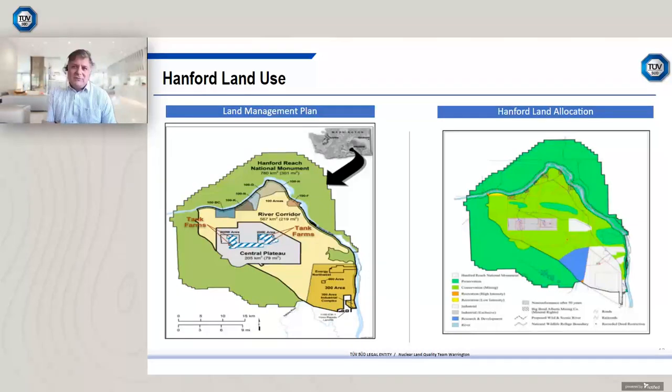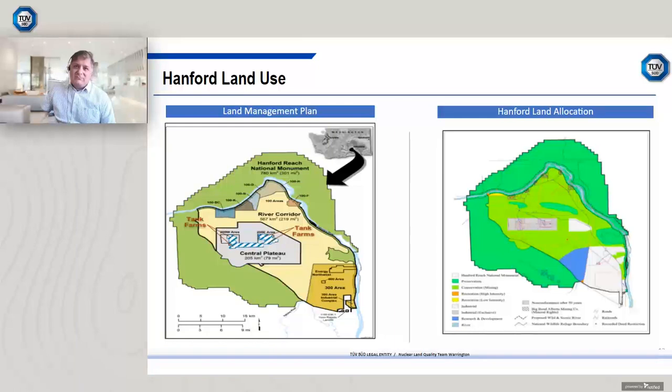And essentially, all the monitoring that has happened on Hanford has led to the creation of land management plans and allocation plans. So if you don't know much about Hanford, then that is just about the whole Hanford site. But the most important characteristic of Hanford is this central plateau.